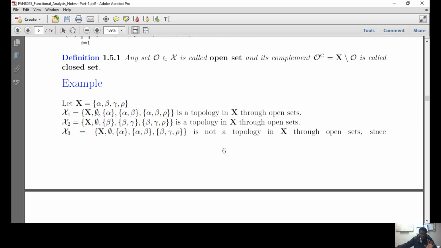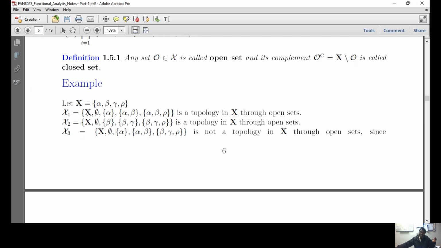Now, you have 2 elements of X1, that is X and the empty set, which are both open and closed sets. Why? Because the empty set is an open set, and its complement will be X. But we know that X is an open set because it's an element of X1. Because it's also the complement of an open set, the empty set, X is both open and closed, right?